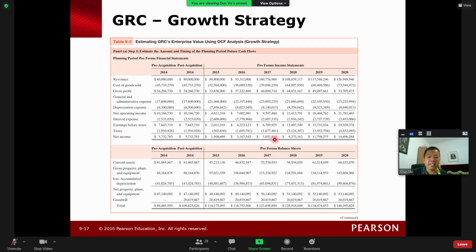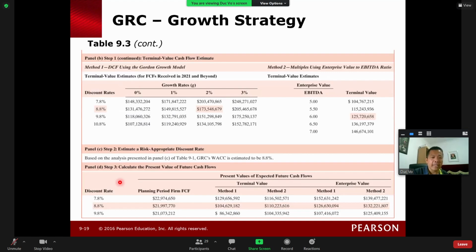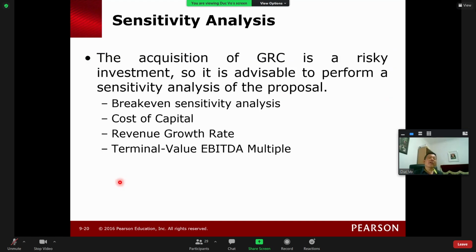This is exactly what they try to show you again: the way you work out how you estimate the free cash flow for the company. Given, as I say, valuation is very sensitive to the input you use, in practice we run a lot of sensitivity analysis.